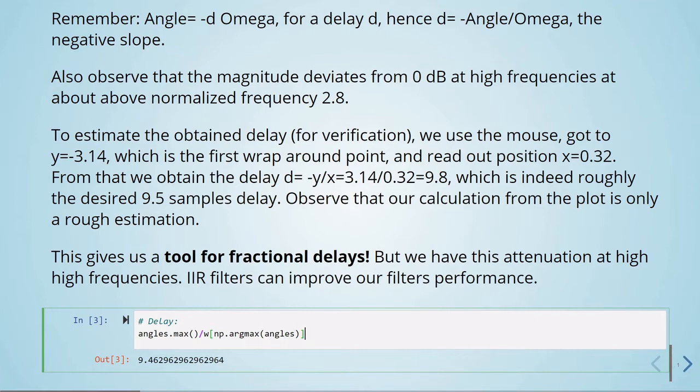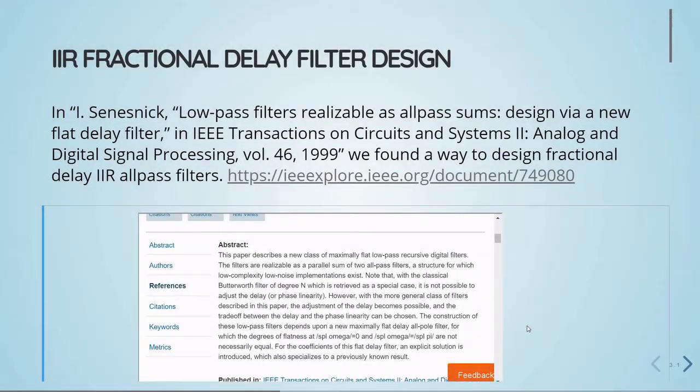But we have this attenuation at high frequencies. We will try now a different approach, so we will not use FIR filters, but we use an infinite impulse response filter, an IIR fractional delay design. So in this article from the IEEE, we found a way to design fractional delay IIR allpass filters.